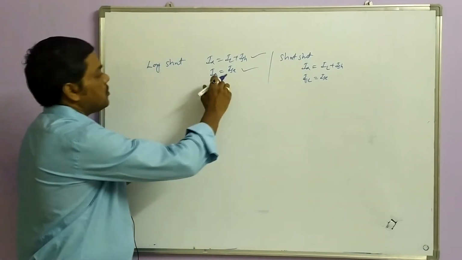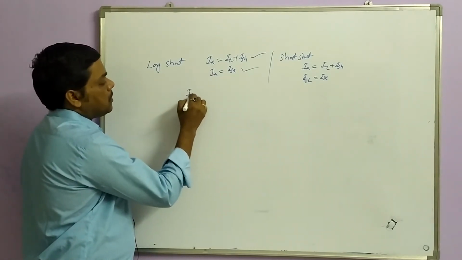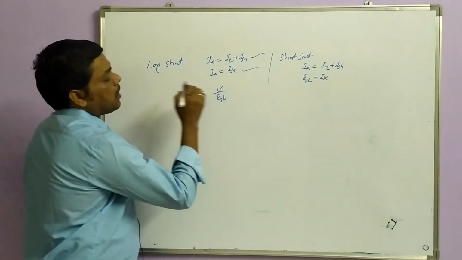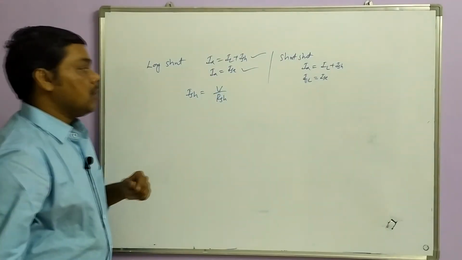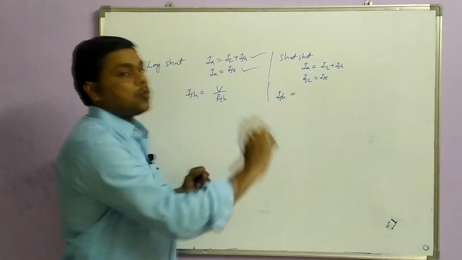Now the main difference in terms of shunt current. So shunt current in long shunt is given directly by V by RSH. But what about short shunt compound generator?